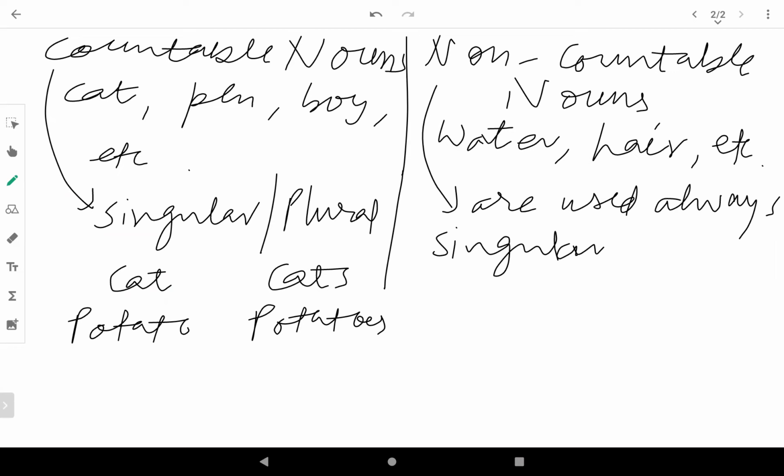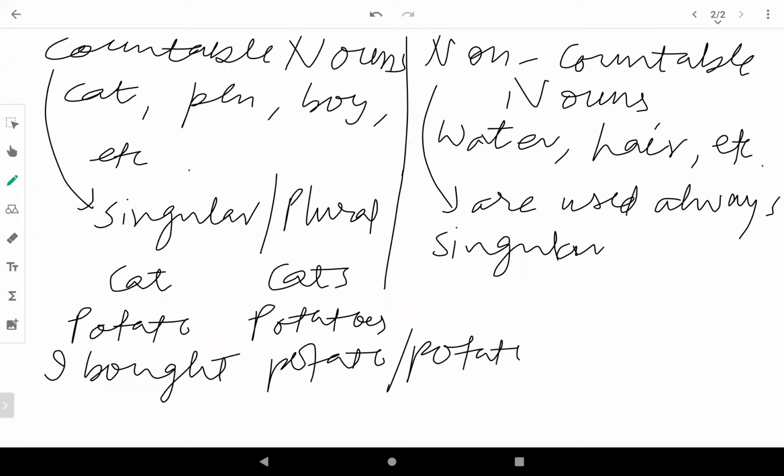Suppose if I say I bought potato or potatoes from the market.